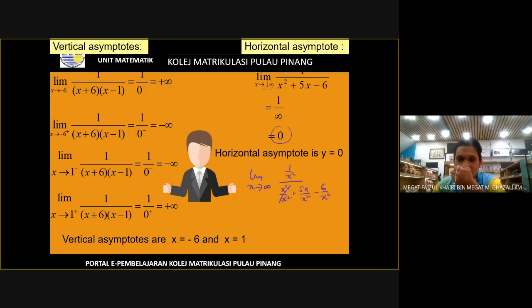So this is 1, and these approach 0. So it is 0 divided by 1 plus 0 minus 0, which is equal to 0. So that's why the horizontal asymptote is y equal to 0.